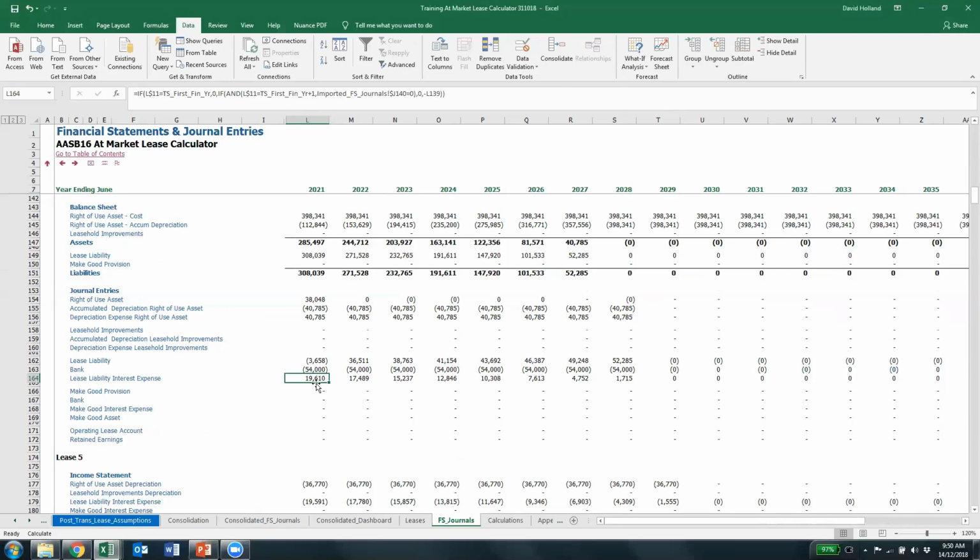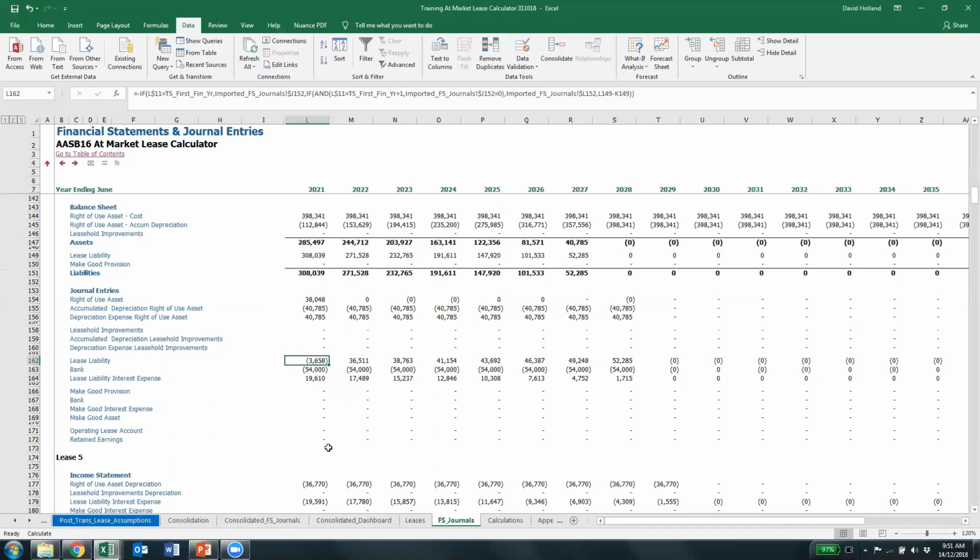But because the payments have gone from $4,000 a month to $4,500, the model has actually recalculated your lease liability. And the lease liability has actually gone up by $38,048. And so the model debits right of use asset, $38,048, credits lease liability, $38,048, but then obviously it reduces the lease liability for the difference in these payments as well. So that's a net figure.